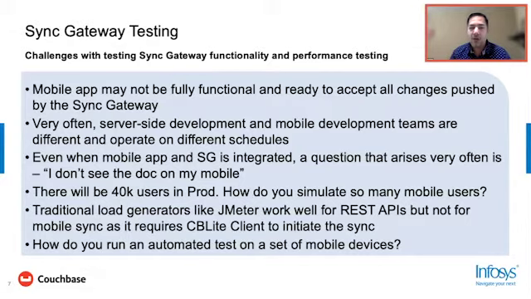The most common answer that I get when I ask this question is, we'll probably use something like JMeter or LoadRunner, right, to simulate a load on the server. Well, those tools work. They work great for REST APIs, right? But they don't work for Couchbase Mobile sync. And the reason is, for you to be able to sync data with Couchbase Mobile, you need a CBLite client, right?